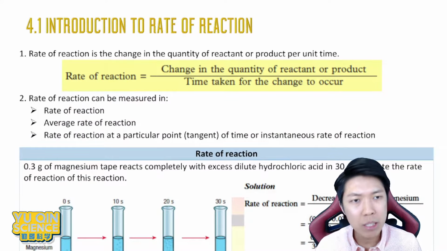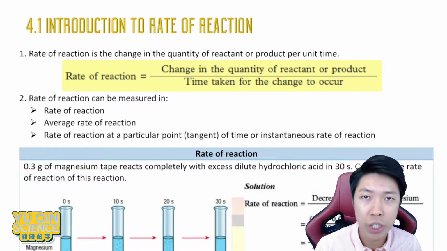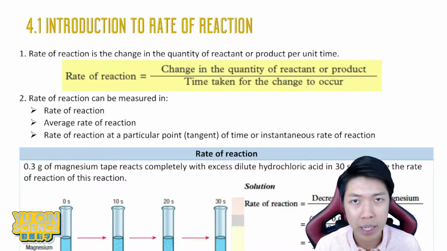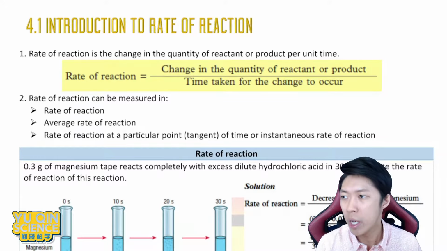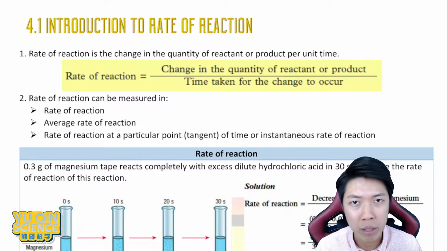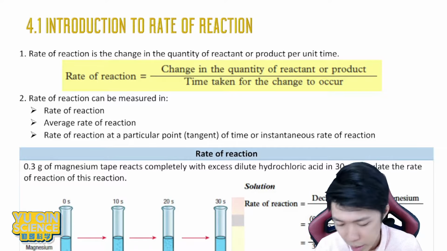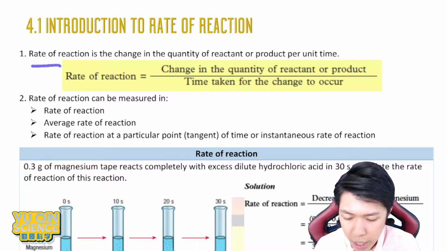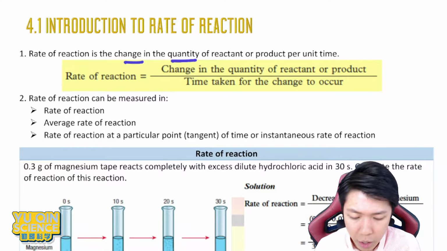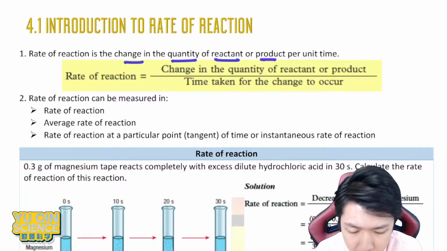Now, this part, nothing much to teach in theory. It's just basically calculation and drawing graph. So we'll just talk about the formula and we'll get into some exercises. So rate of reaction is the change in quantity of reactant or product per unit of time.